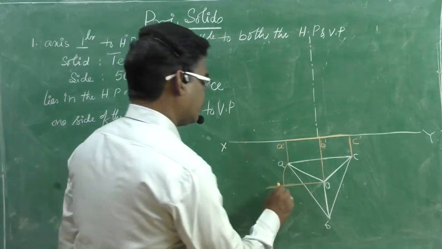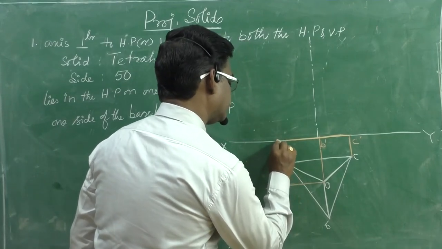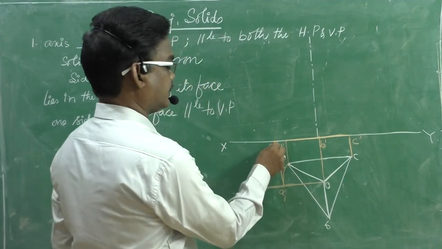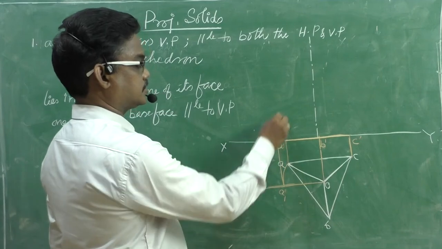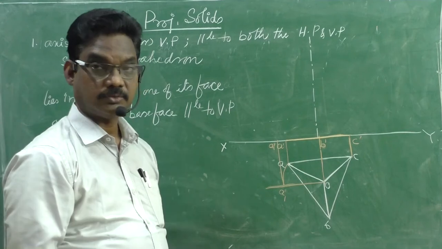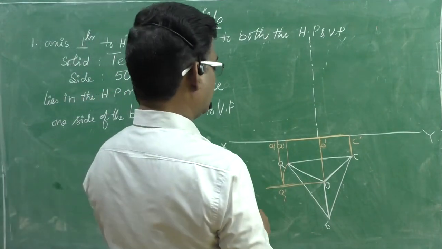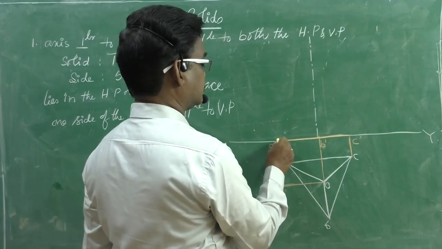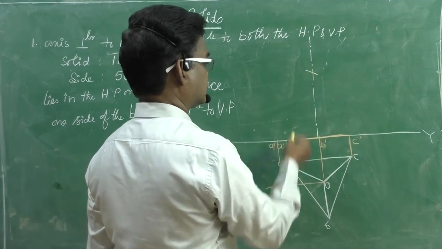Now if you project A1 here, this is A1 dash, which gives us the true length of OA. Now we know the true length, OA equal to 50 mm. Therefore, with 50 mm radius, A1 dash as center, you need to draw an arc on the axis.